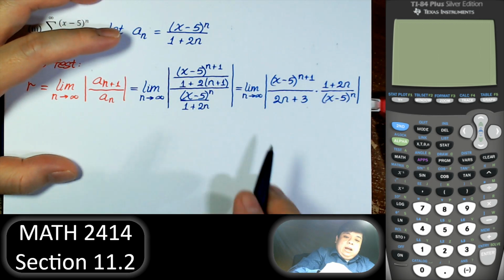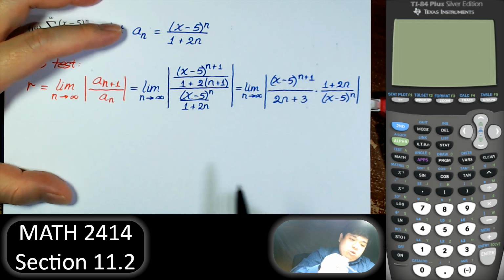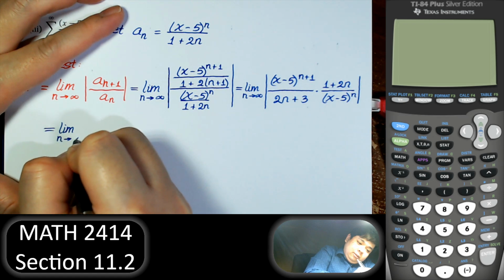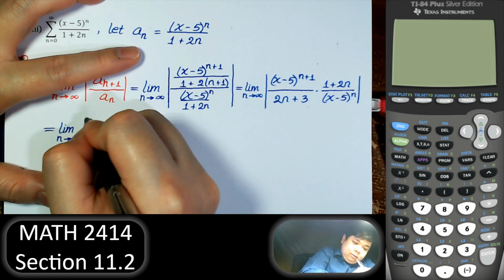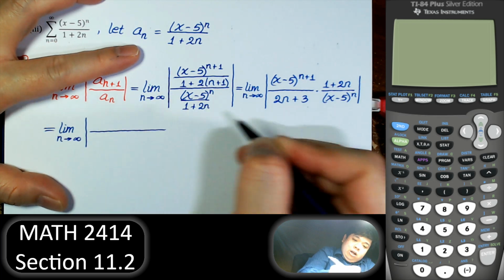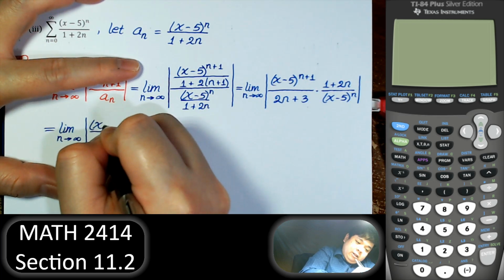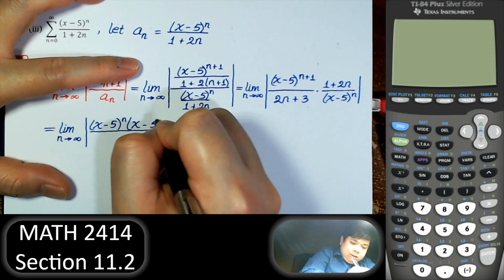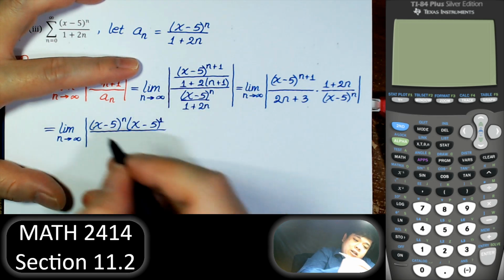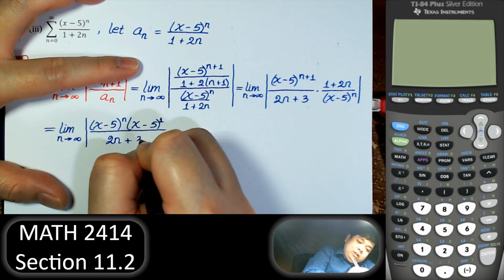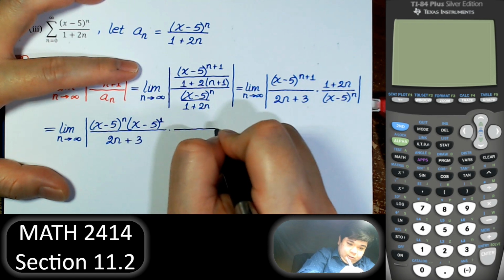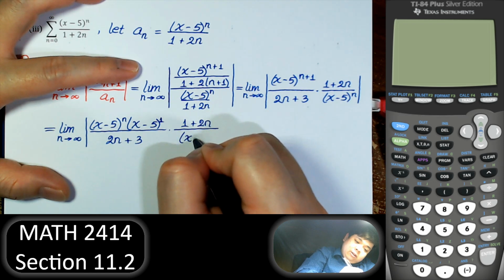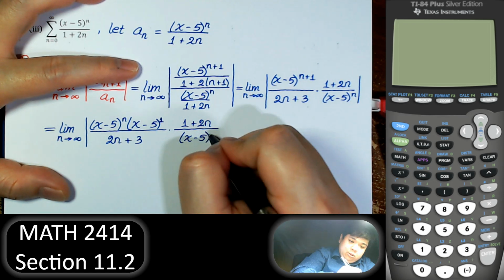Right. Now the only thing we can rewrite is this to the n plus 1 power, which will be x minus 5 to the n and x minus 5 to the first, and then over 2n plus 3 and x minus 5 to the n.